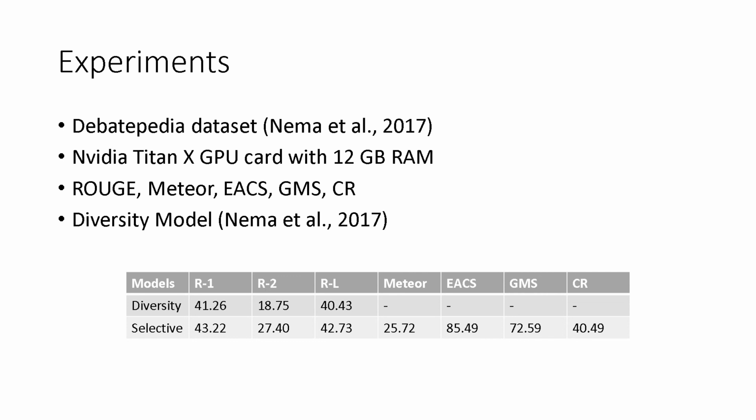We compared our model against the diversity model, which is the Nema et al. model. As we can see, on all three ROUGE scores we beat them. However, we couldn't compare our model using the other metrics, because we took those from the original paper, and when we tried to reproduce the experiment we were unable to, and even when we asked the authors, they were unable to provide us with the data.